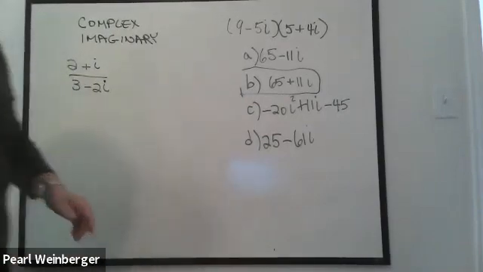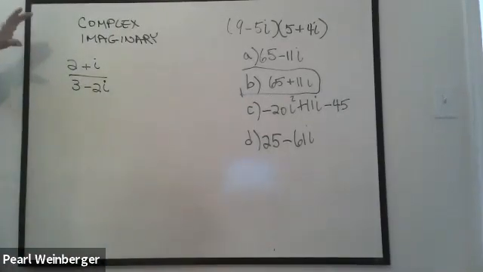How do we deal with a fraction that has i's in it, specifically i in the denominator?